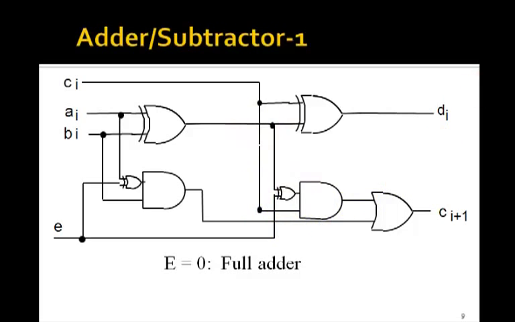So this is just a full adder. But if we let E equal 1, this becomes an inverter, or a bubble in this case. And so the output is a full subtractor. So here we have an adder subtractor that we can control by E.